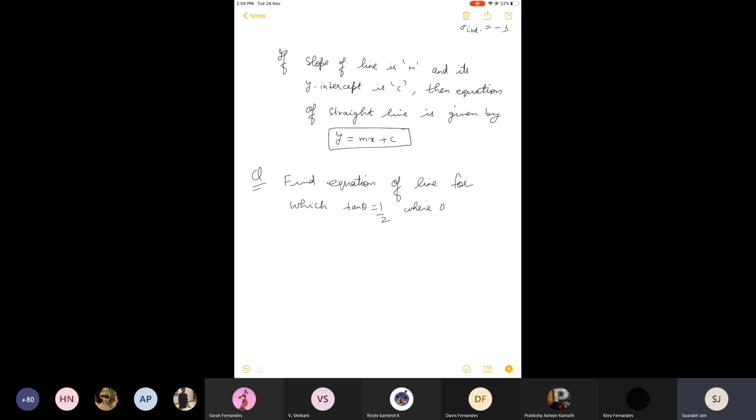So this is simply given the slope. And it cuts negative y-axis at a distance of 3 by 2 units from origin.